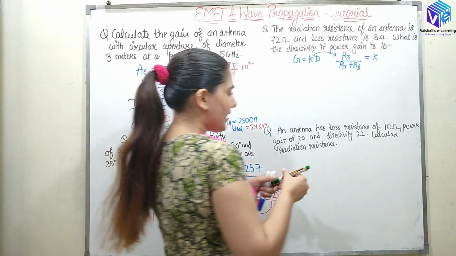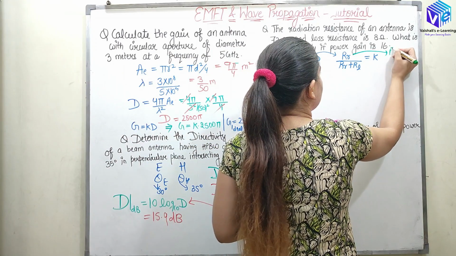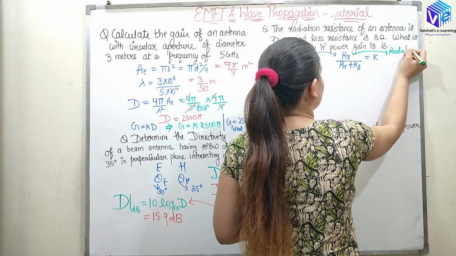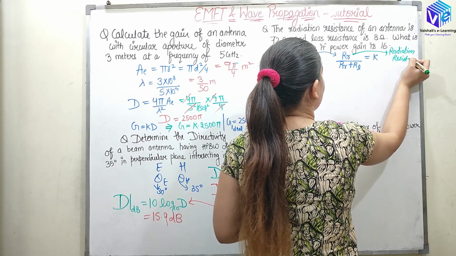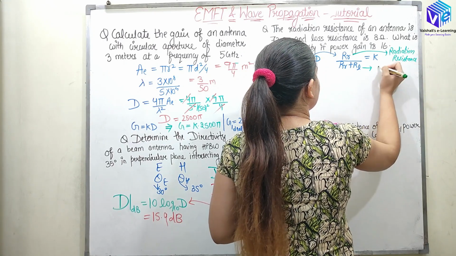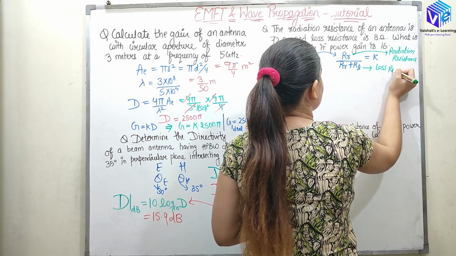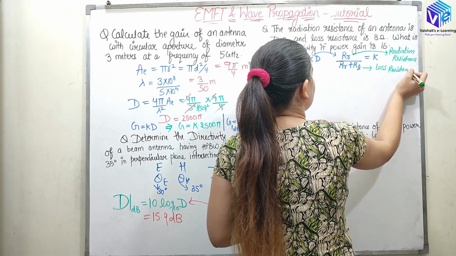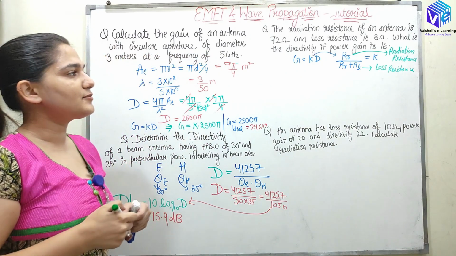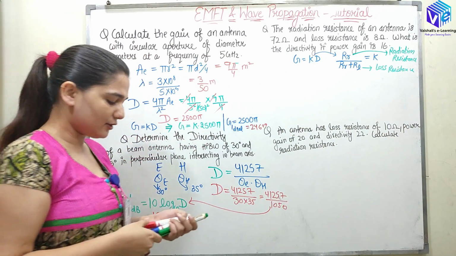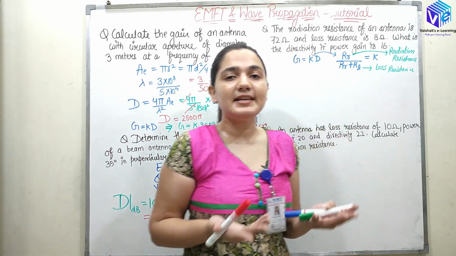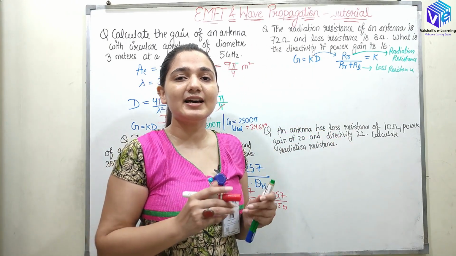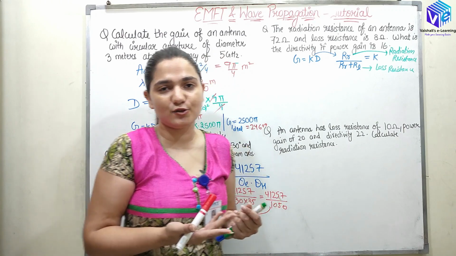Now what is RR? It's radiation resistance. So these are just the representation. This is loss resistance. So now we know all of these terms. All of these terms are given in the question. We just need to put them in. Whatever we are seeing in these questions, these are just directly formula based questions.